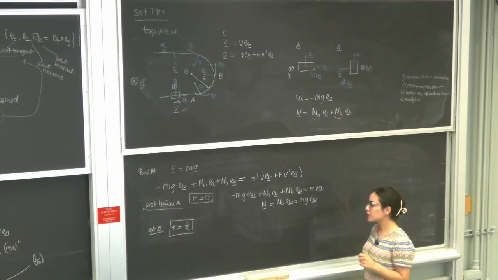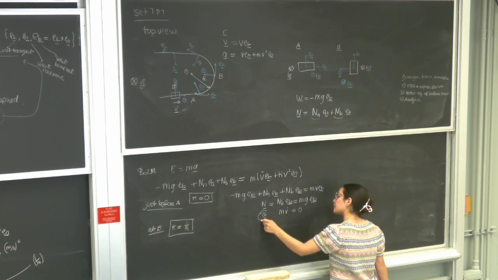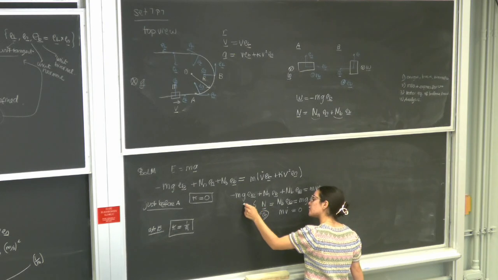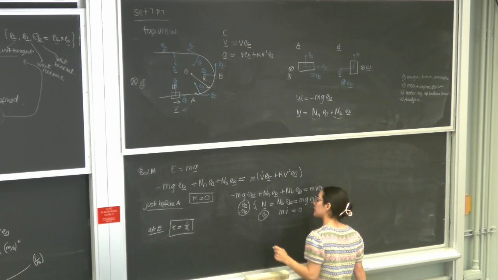There is no force along e_t, so I'll get that m v dot is equal to 0. That's what I get by dotting with e_t. And these equations I get by dotting with e_n and e_b, and then combining.